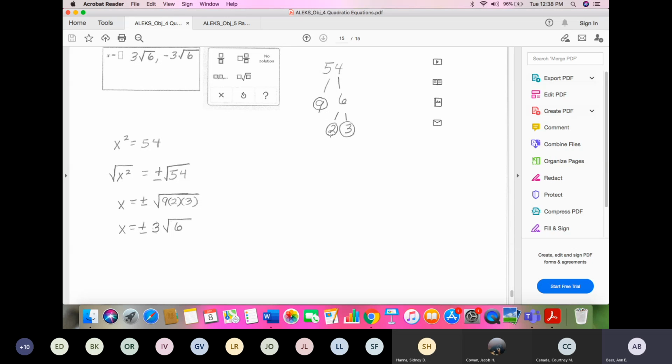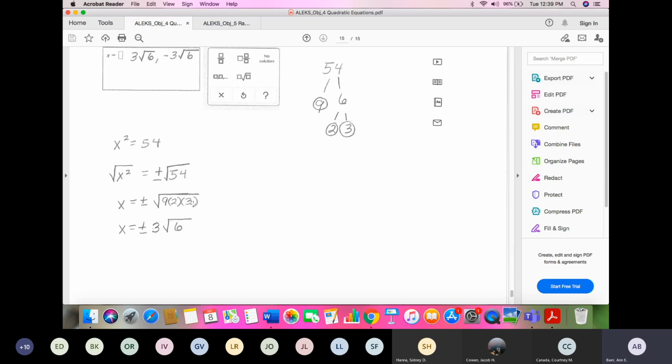6 I can break down into 2 times 3. So I'm going to take out this 54 and write it as the product of the roots, which are 9, 2, and 3. Now what's the square root of 9? It is 3, so you can take that out. 2 is a prime, 3 is a prime.